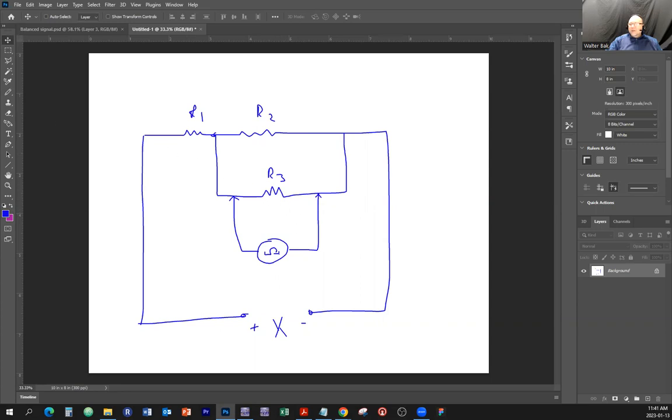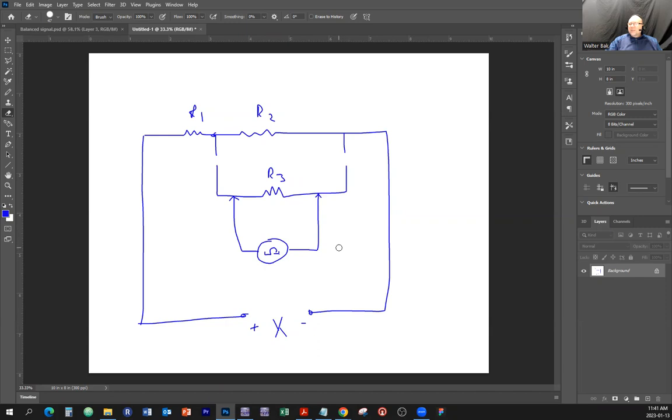So what we need to do is we need to remove this. We need to remove that component from the circuit. And then when you connect the leads across that resistor, you are going to measure that resistor only.